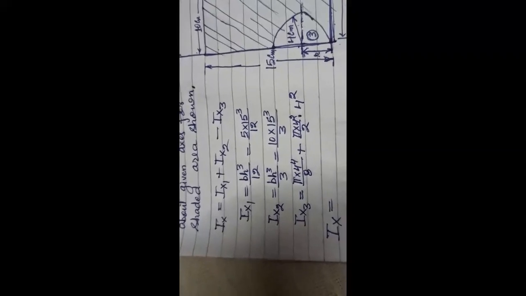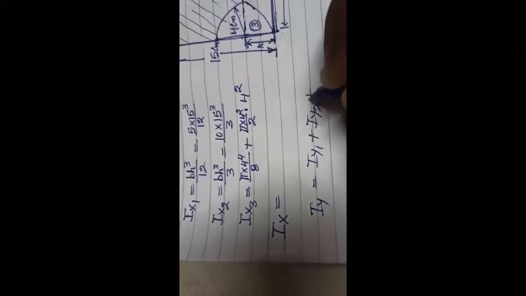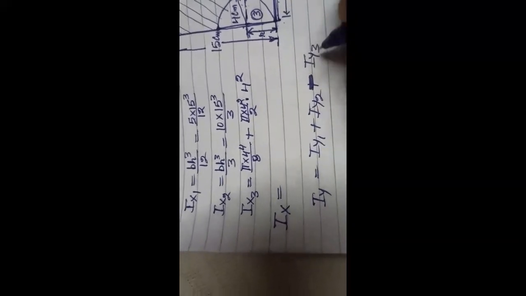Now we determine the value of Iy. For Iy, again it will be Iy1 plus Iy2 minus Iy3 for the semicircle. This will be minus because it is deducted.